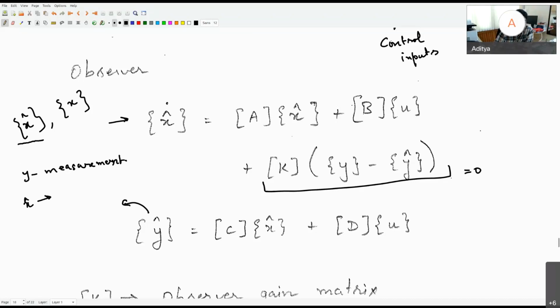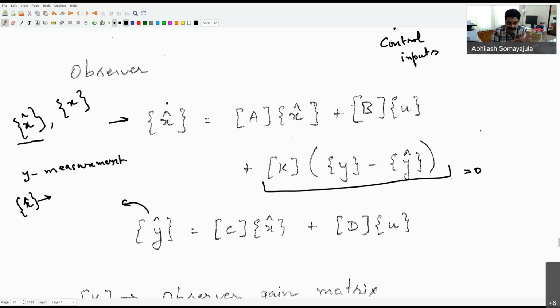That best estimate of the state, if it were the actual state, then what should be the output that I should have seen will be Y hat. Based on the fact that I know some modeling of my system, some parameters of what dynamics it is following, if X hat was the real state indeed, what should I have measured according to my model? That is Y hat.